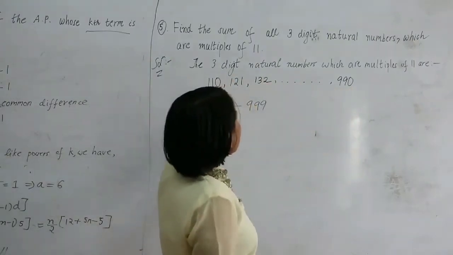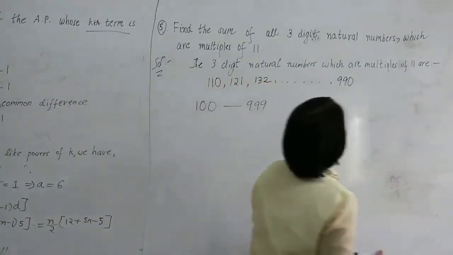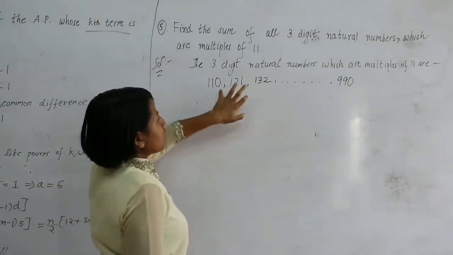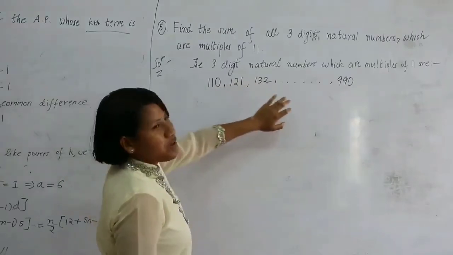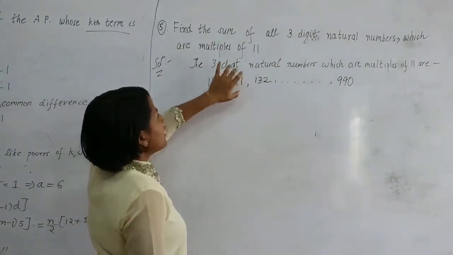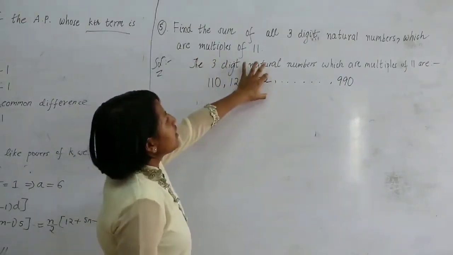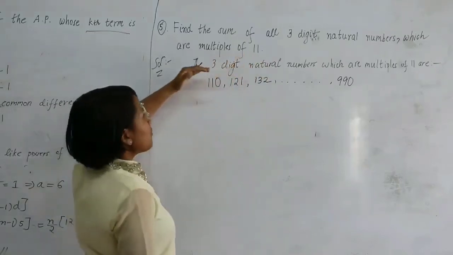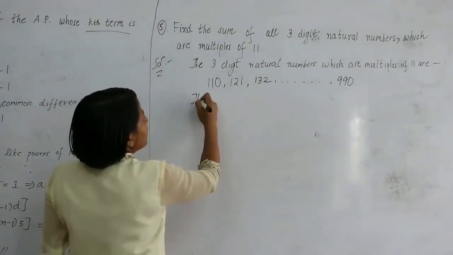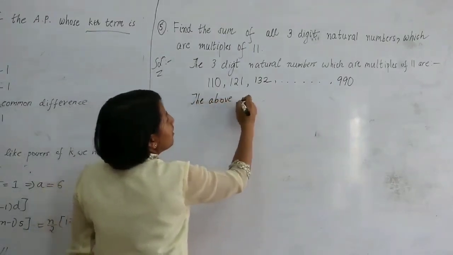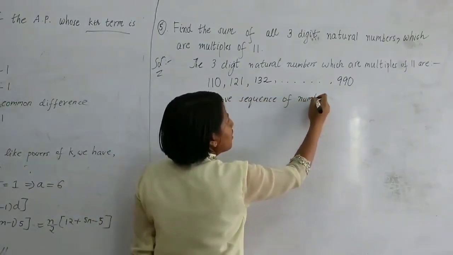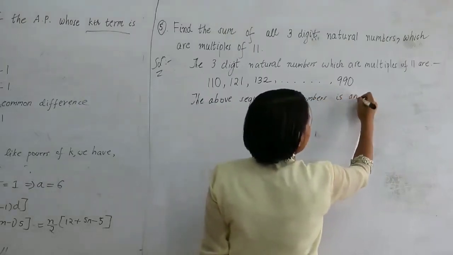Now this is just a sequence of numbers. You cannot say that first you have to check whether it is an AP or not. But actually it is naturally an AP, because if you take the difference of this and this it is 11, this and this will be 11. So from here you can conclude that the above sequence of numbers is an AP.